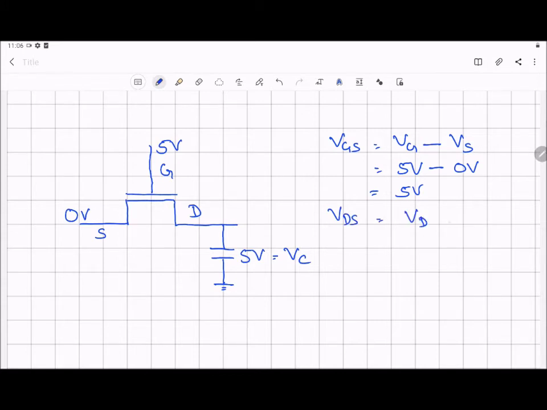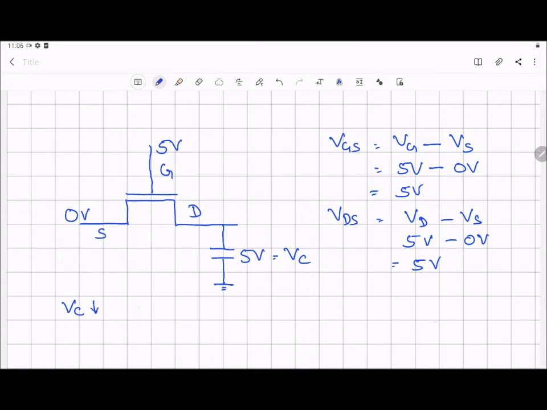Now we will see the VDS. So VDS at the beginning, that is VD minus VS, is 5 volt minus 0 volt, equal to 5 volt. Now there will be a discharge current, so the capacitor is going to discharge.